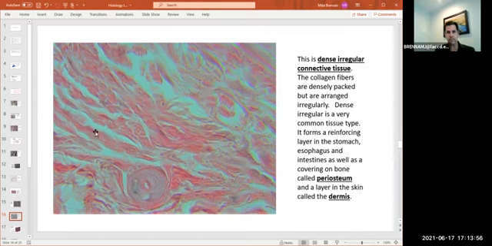So what you see here, this pinkish material, these are all collagen fibers going every which way. Now this circular structure here, this thick wall donut, almost looks like it wants to be a bagel. This is a cross-sectional view of a nerve. Hadn't expected to see this here, but here it is. A nerve shows up.